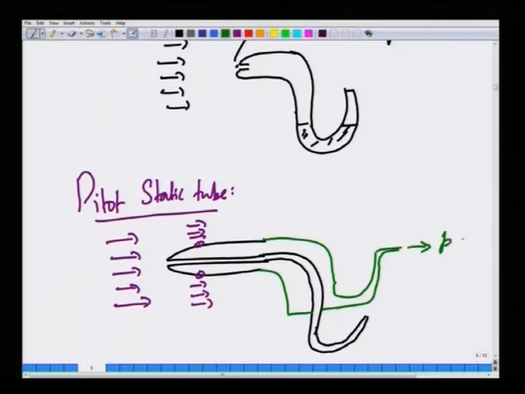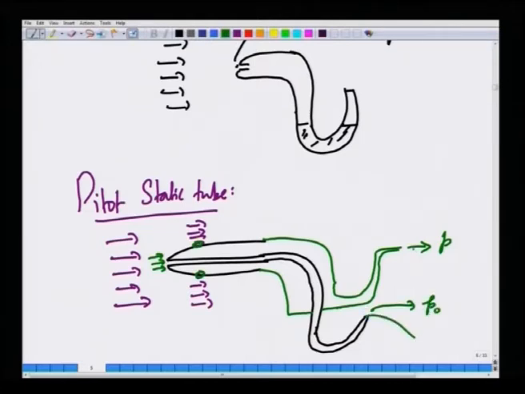The outer tubes, where the holes are on the surface, give a measure of the static pressure P, whereas this tube, where the fluid comes to a halt, gives a measure of the stagnation pressure P naught.